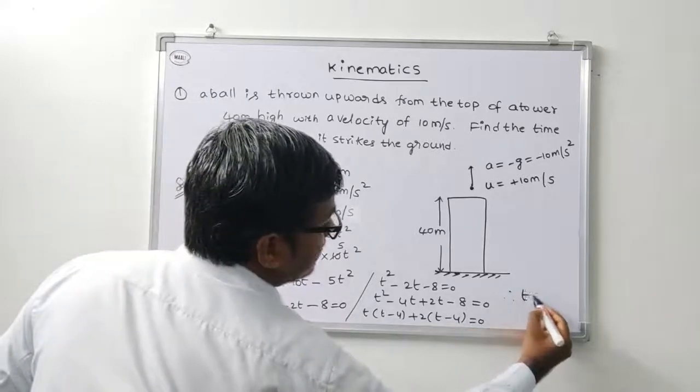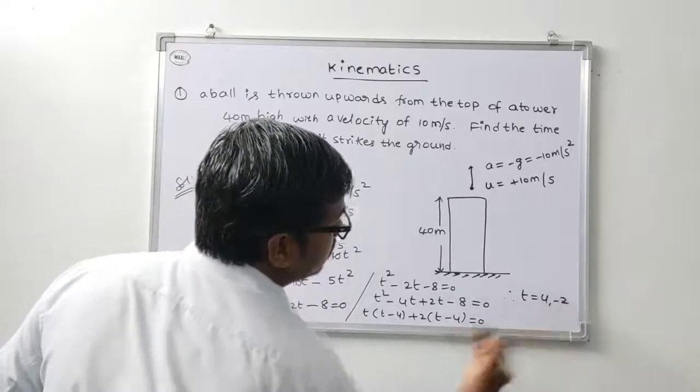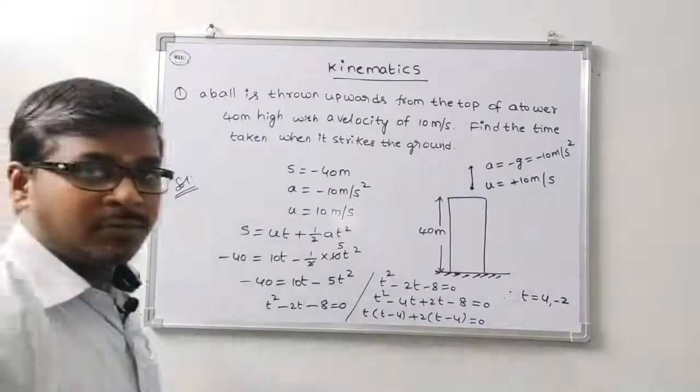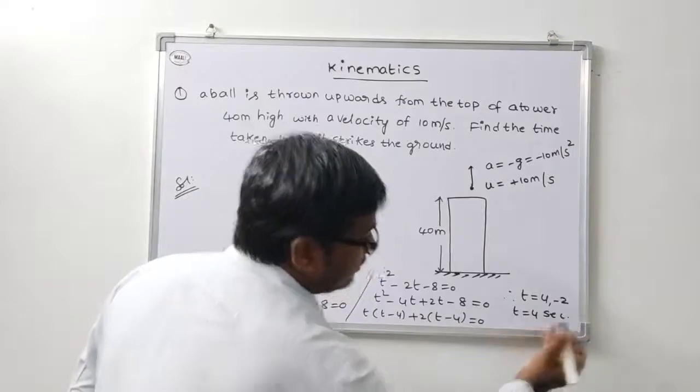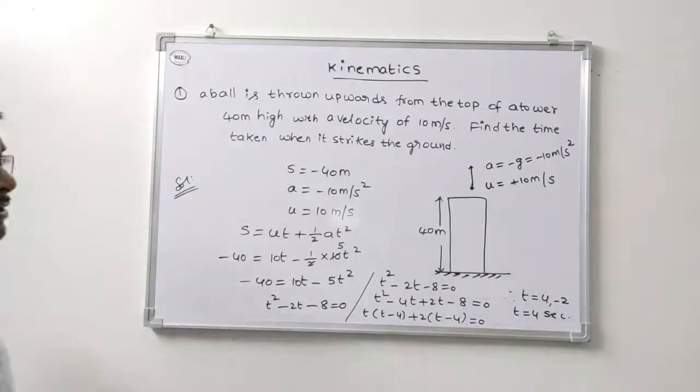Therefore, t is equal to 4 comma minus 2. Time is always positive, so t is equal to 4 seconds. This is the problem.